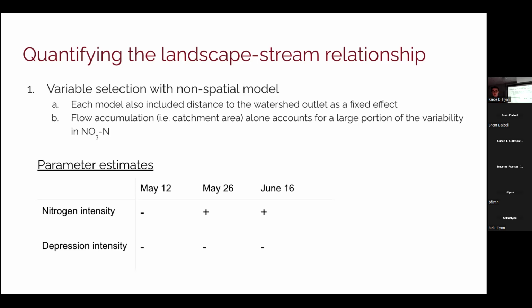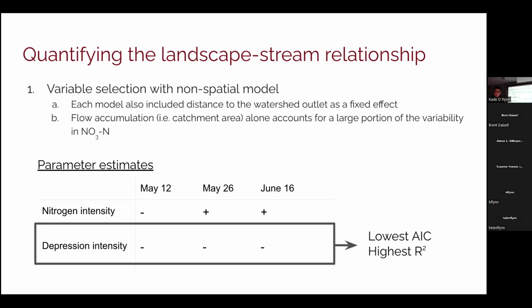And flow accumulation, which I'm not showing in this table, which is the catchment area, alone accounted for large variability in stream nitrate concentration within the system. But our depression intensity had the lowest Akaike information criterion and highest coefficient of determination, both metrics used to evaluate model performance, indicating that this variable accounted for most of the variability.